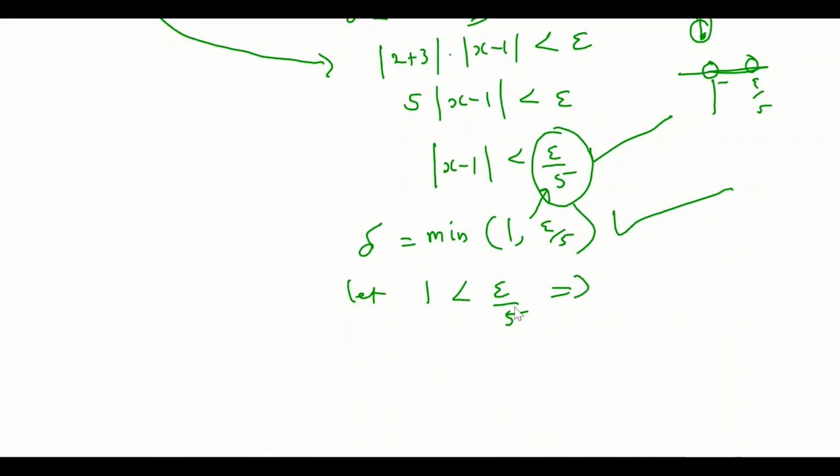So it implies that if I multiply through by 5, 5 is less than epsilon. Take note of this. I'll come back to this. Then we can now go to the second part.